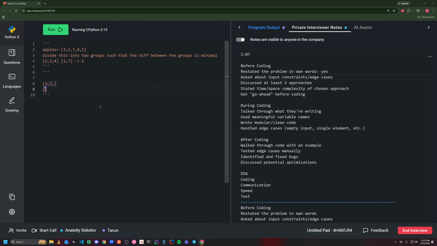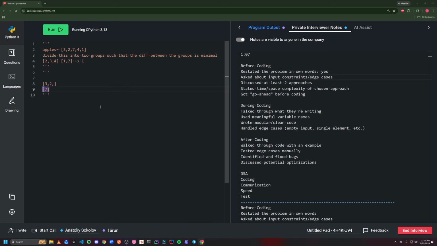And if I add 7, at each state I'm going to compare the difference between both the subarrays. So I think I need to maintain the sum of each subarray, and I'm going to maintain a global variable, minimal sum.